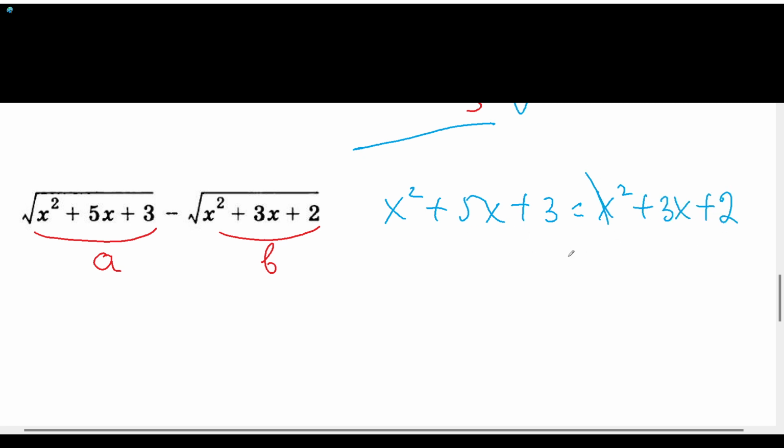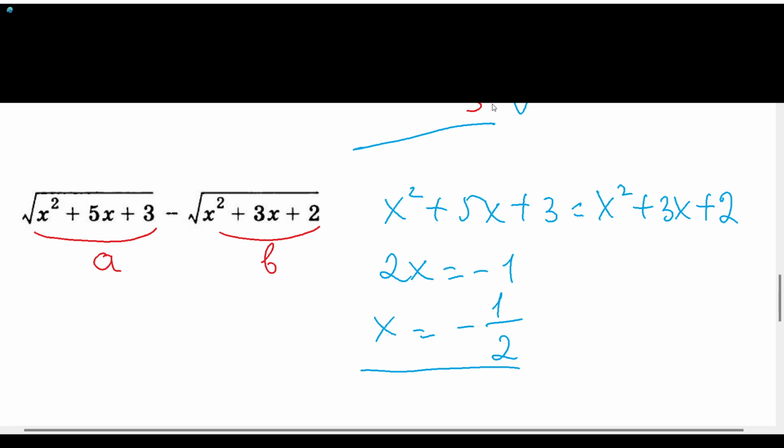And again, we can cancel these expressions, and we'll get 2x will be equal to minus 1. So we subtract from both sides 3x and x squared, and again 3, and we'll get minus 1 here, 0, 0, 2x. And our second answer will be minus 1 over 2.